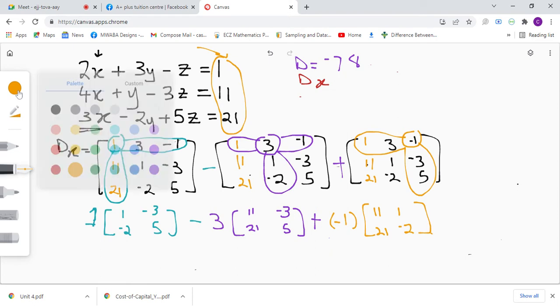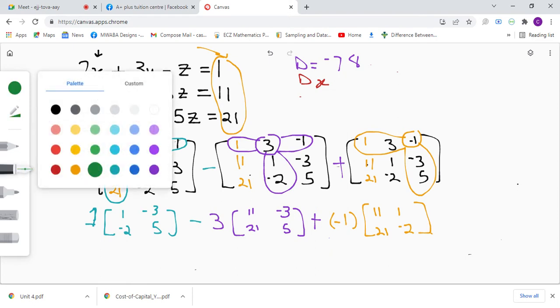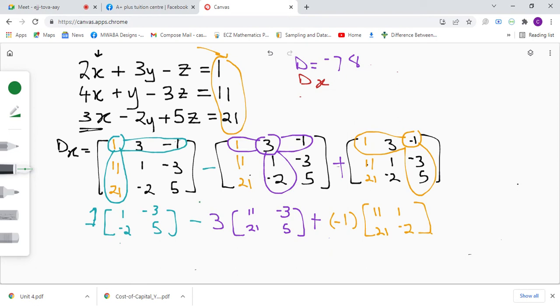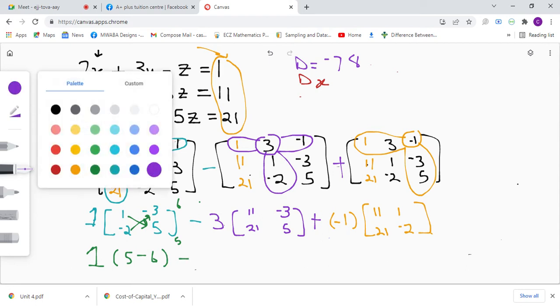All right, so now let's do the calculations. Okay, so I'm going to say 1 times 5, that's 5. -2 times -3, we get 6. Right, so we'll have here 1, oh, this is positive 6, not negative 6. So we have 1, then open brackets, 5 minus 6, right? Minus, okay, we have our 3 here.